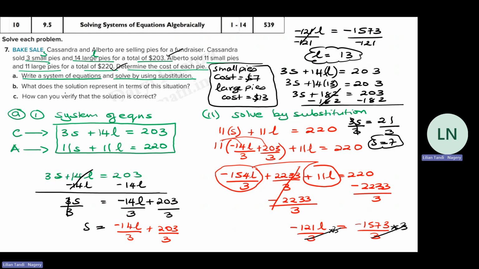The solution represents the same price for the pies they sold.